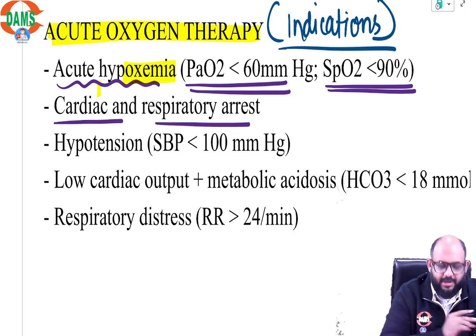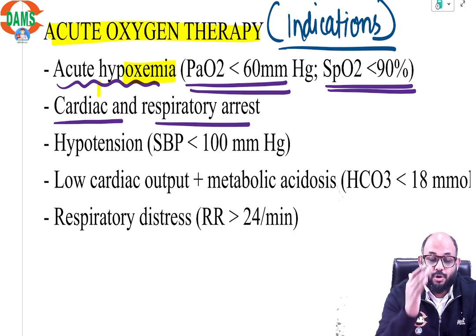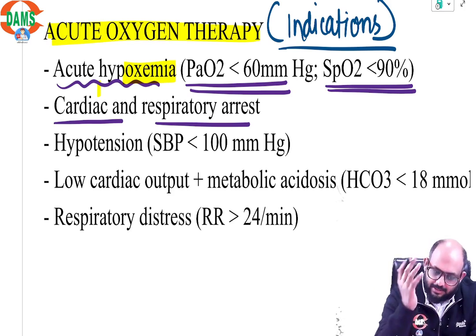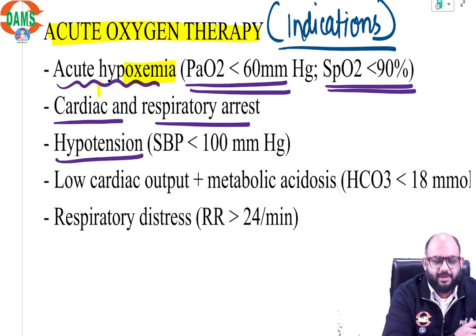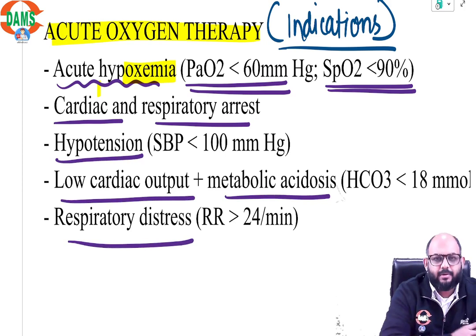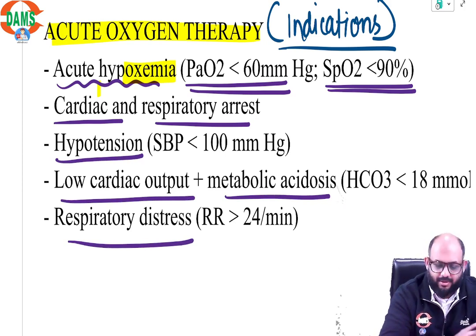Cardiac and respiratory arrest, no ventilation, no oxygenation, obviously O2 delivery will decrease. And shock or cardiac arrest, what will happen? Again, because your cardiac output will decrease, irrespective of how much oxygen you have in the body, it will not get delivered. Hypotension, again related to cardiac output. Low cardiac output states with metabolic acidosis and respiratory distress, because your minute ventilation will not match your requirement.